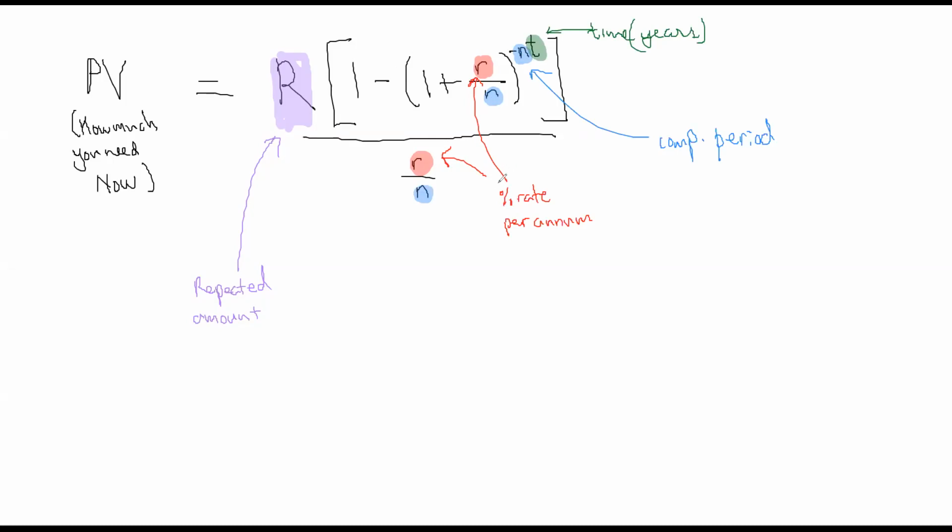Another interesting thing that you see this being used in is mortgages. Let me change the context. You want to buy a house that's, let's say, going to cost you $500,000. That's how much you need now.